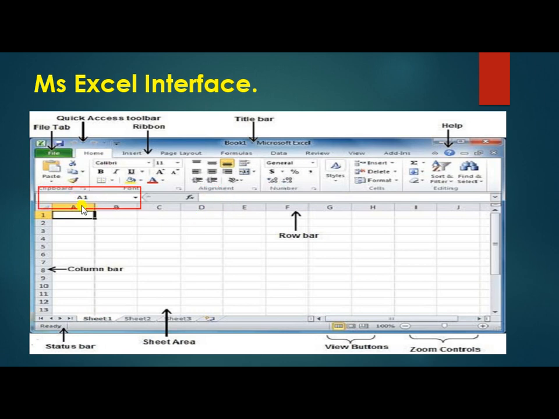Clear? And this area is called the name box. It means whichever box you select, that box's name will appear here. So these are the formula bar and name box.